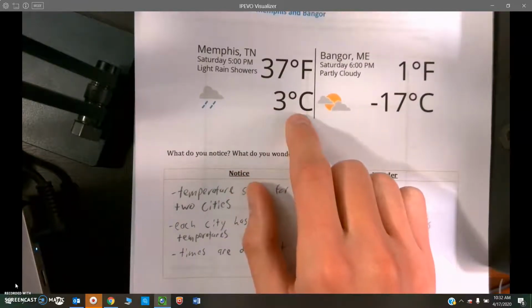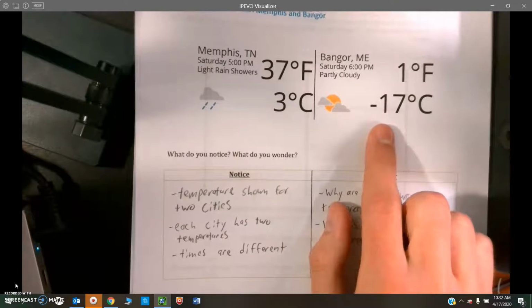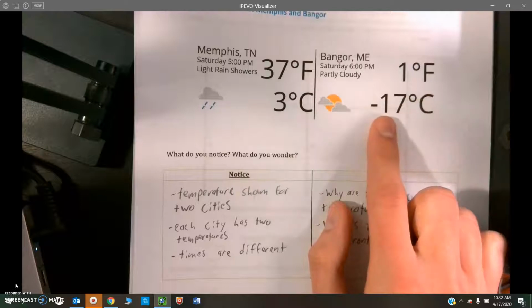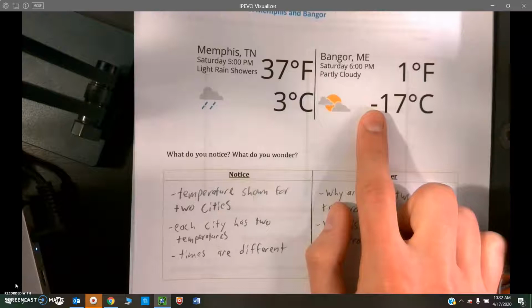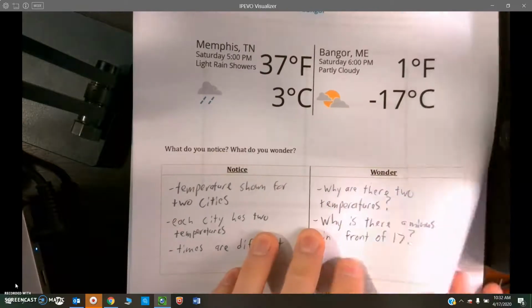For Celsius, you know water's going to freeze when it's 0, which makes more sense, kind of. So the reason why this is negative, so that means this is below the point when it would start to snow. So it's pretty cold here. When you see a negative degree, that's a sign that it's probably pretty cold. So let's start and try putting this knowledge to use.